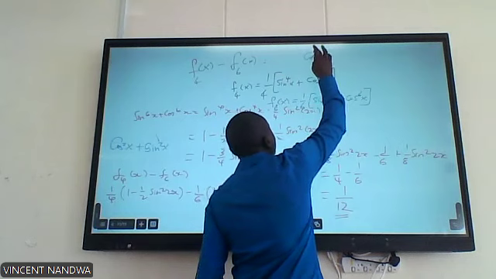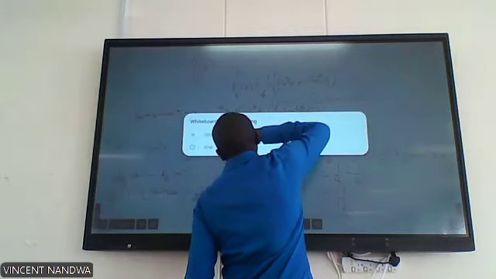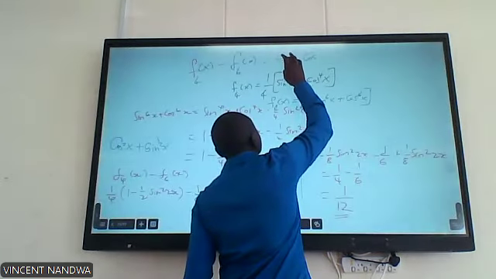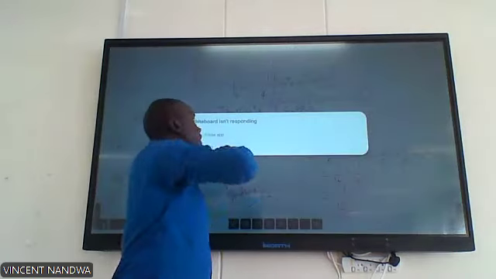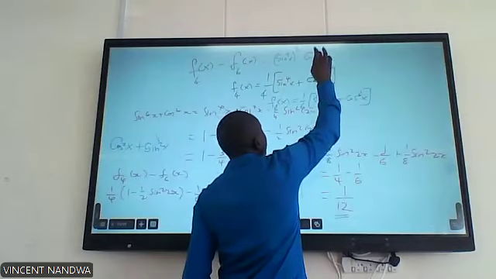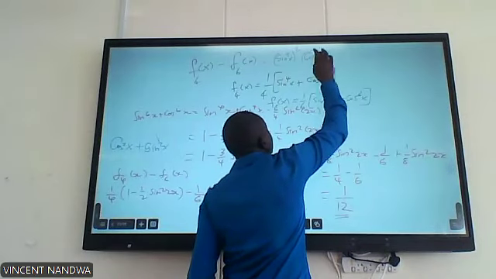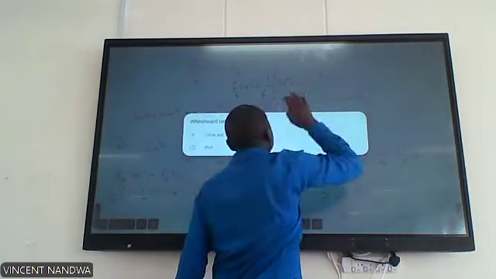Sine power 4 can be written as sine squared x all squared, and then this is cos squared x all squared. So this is just this bracket alone.